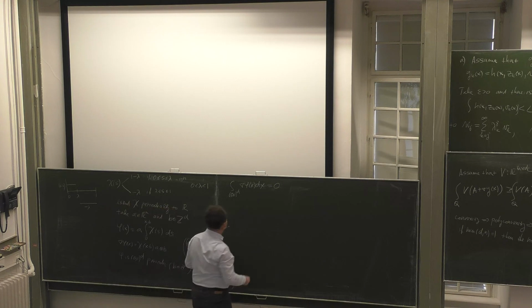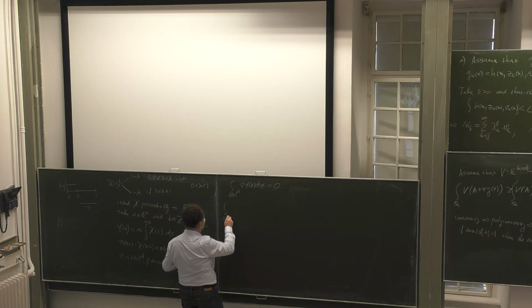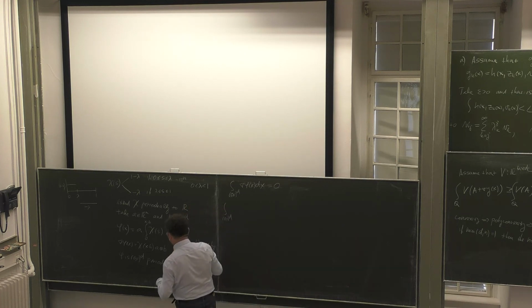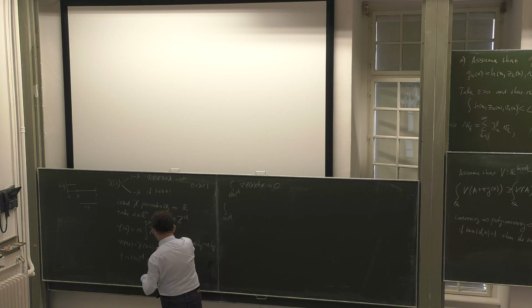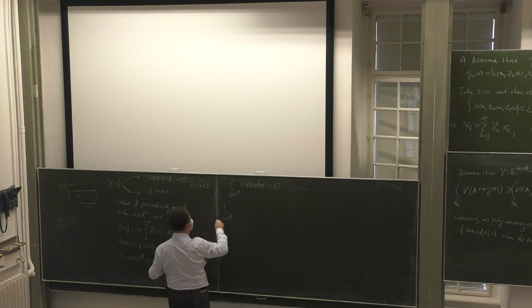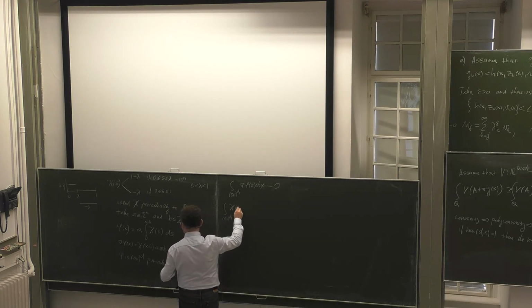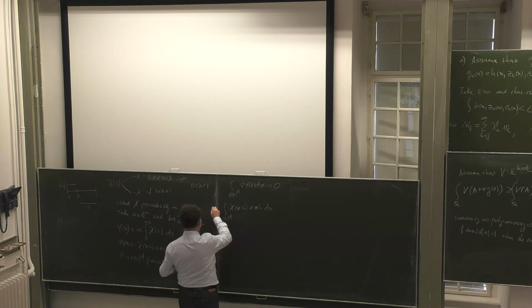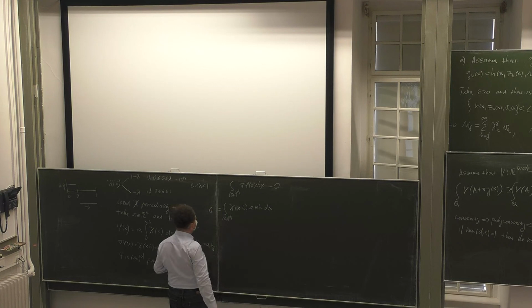But the gradient is either lambda or minus lambda, times a ⊗ b, so this integral is supposed to be 0.